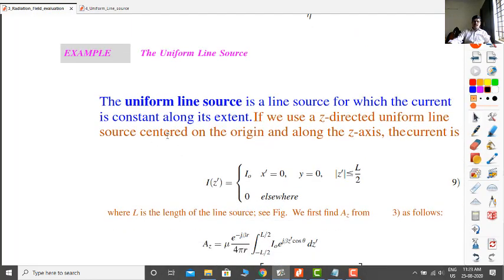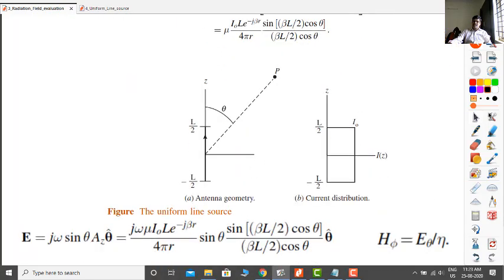Here the uniform line source is a line source for which the current is constant along its extent. That is called a uniform line source. That means here there is a line of length L, which is oriented with respect to the origin 0.